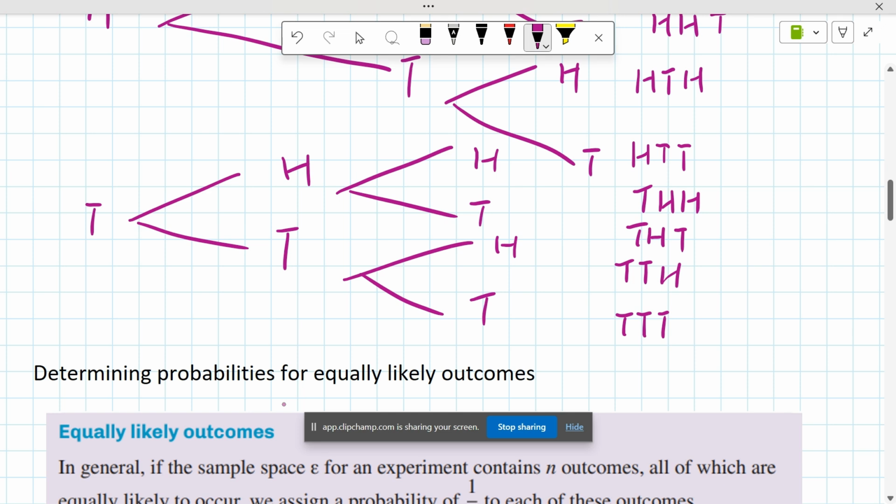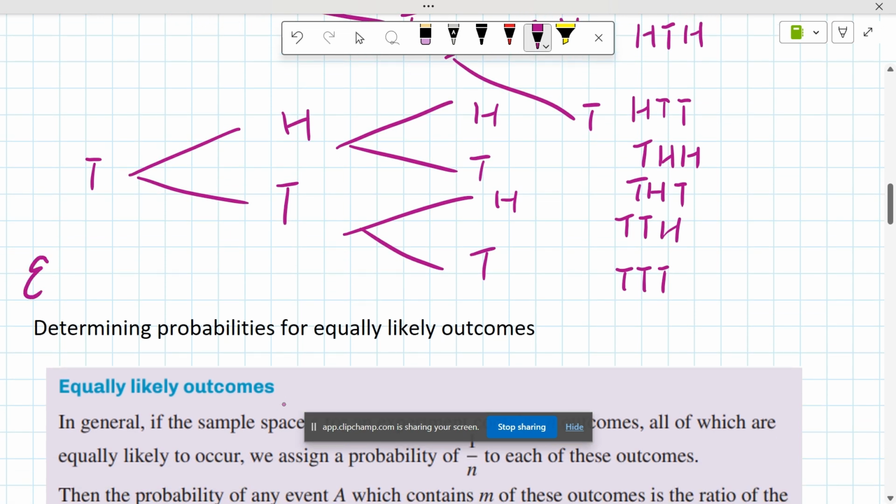You have to write it that way, and there are 8 outcomes in here.